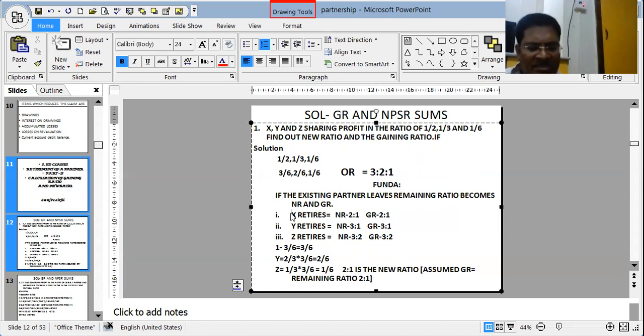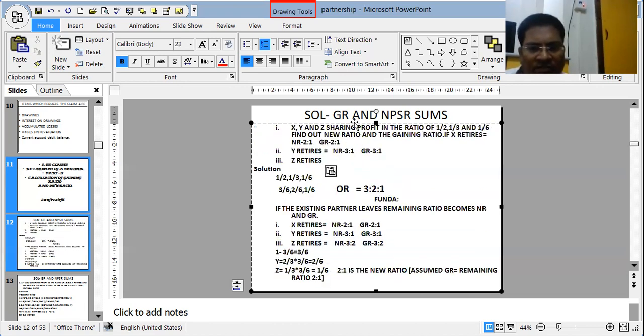That is, in my sum all three partners are retiring separately, and we need to find out the gaining ratio and the sacrificing ratio. So this much is the sum. The solution is also there with you, so let's understand the solution first.